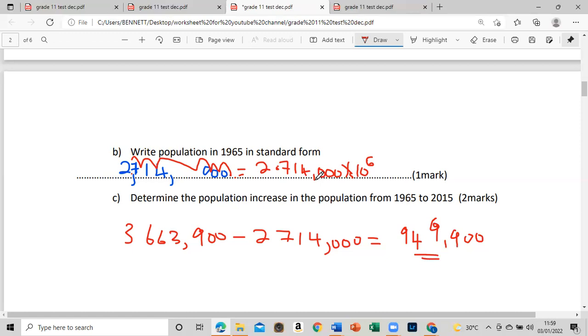So it increased by the number here. Alright, so we're gonna put this now over the original, which was 27140, right? times 100%.